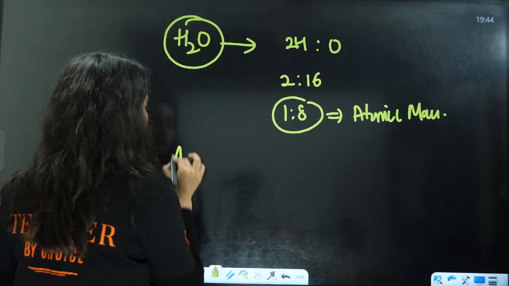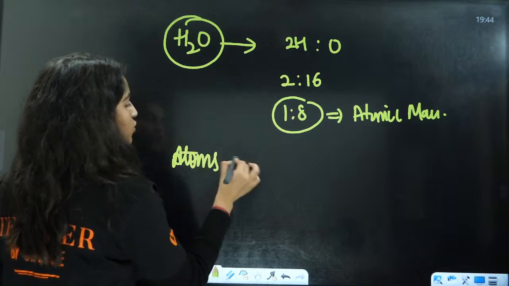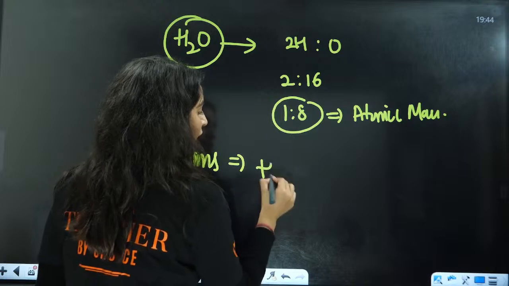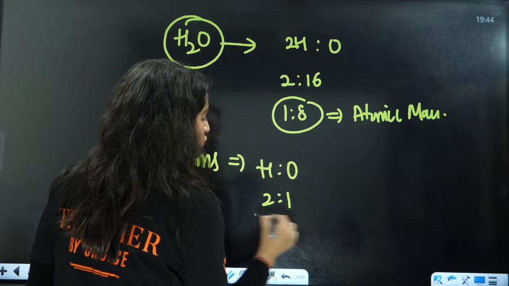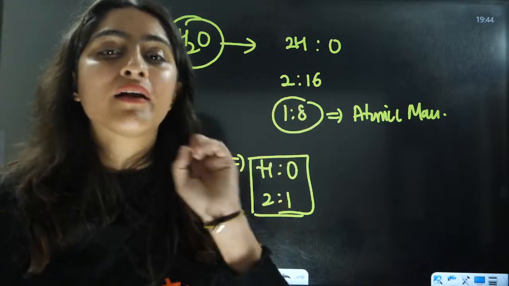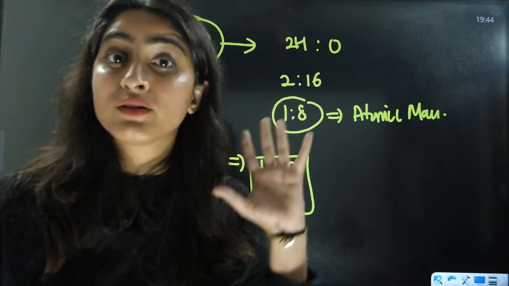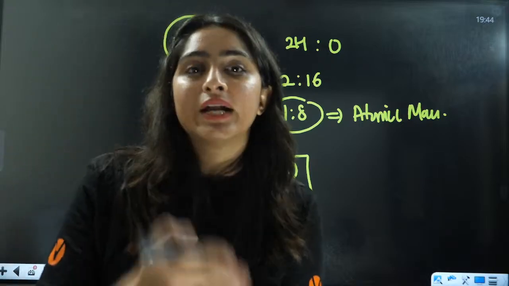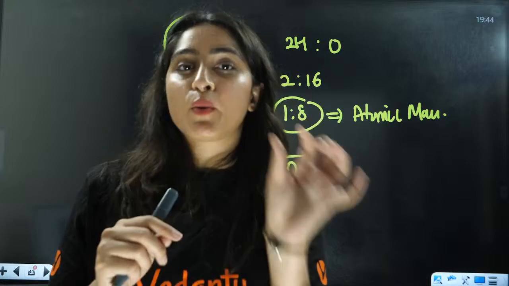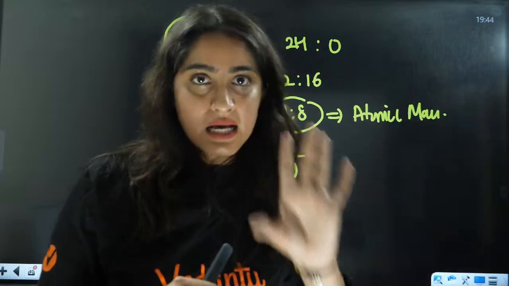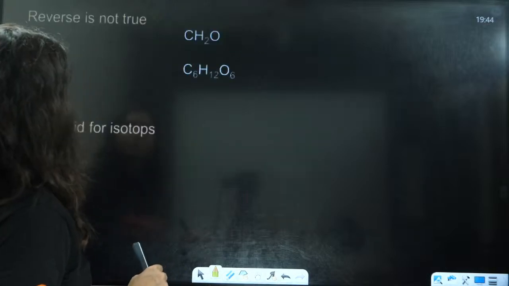And about the atoms here, the ratio of hydrogen to oxygen is always going to be 2 ratio 1, and the mass ratio will always be 1 ratio 8. Any compound on this earth will always have the same constituents, that is, a fixed proportion of atoms and a fixed proportion of masses of atoms, right? Okay, that is definite proportion.